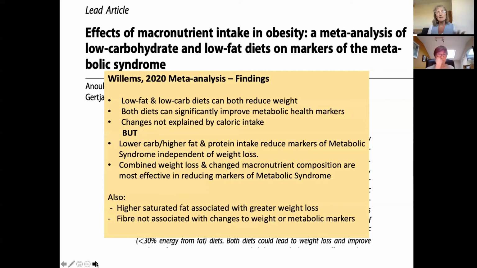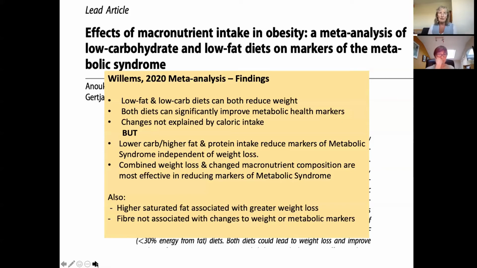But the conclusion of this meta-analysis was that a combination of weight loss and changing the macronutrient composition to lower carb, higher fat and protein was the most effective way of reducing markers of metabolic syndrome.